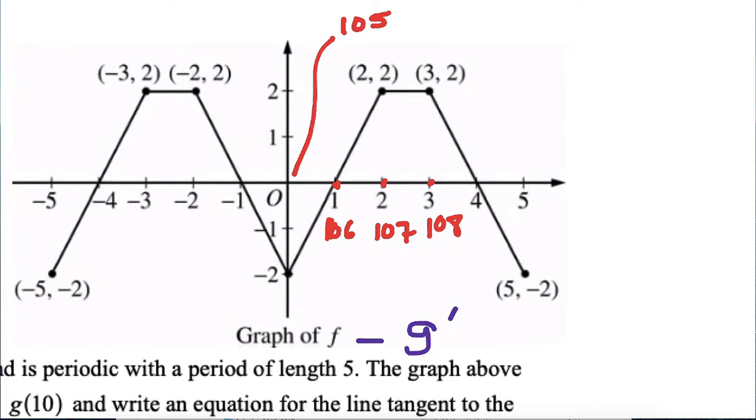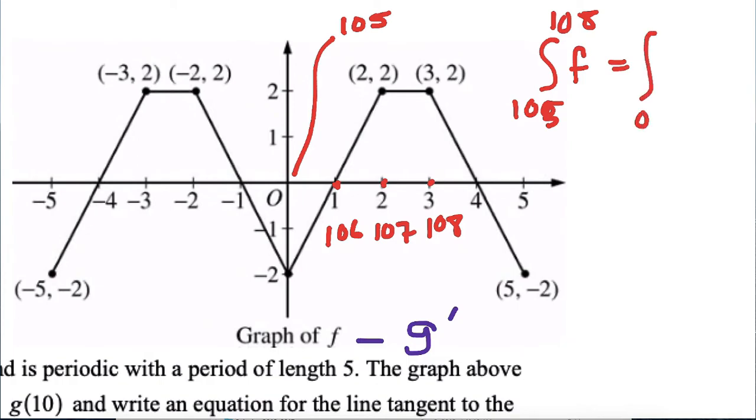So when you think about what's happening, the integral from 105 to 108 of f is the same thing as the integral from 0 to 3 of f. And when we think about what that looks like, that's this space minus this space plus this space.